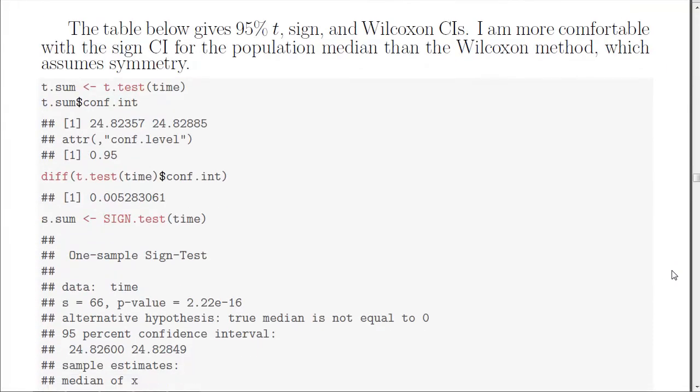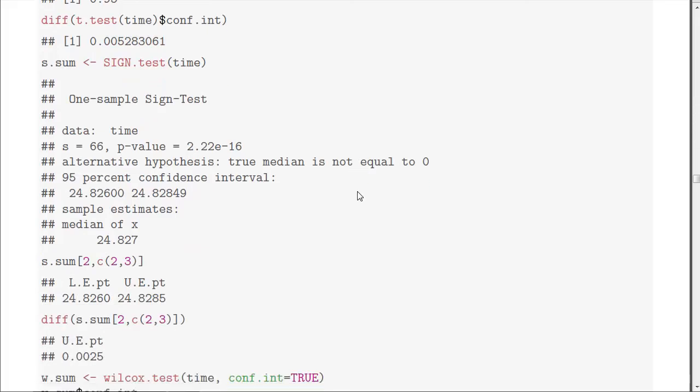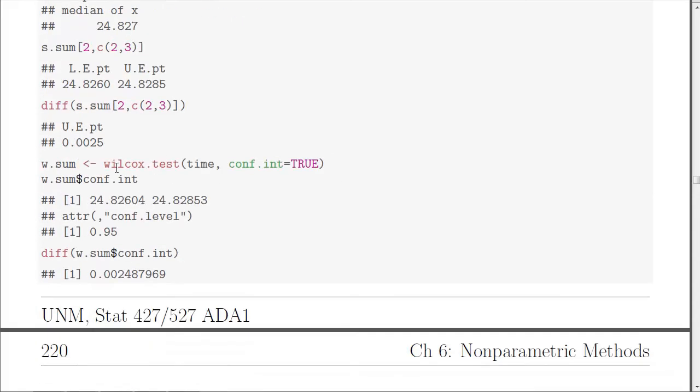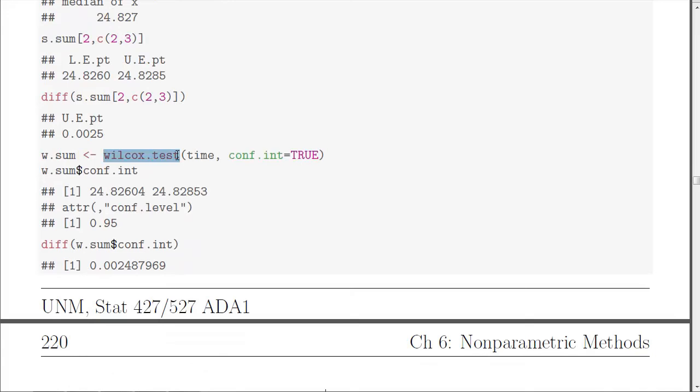All right, so here's the t-test, and here I'm outputting the confidence interval. If I look at the difference of the values in the confidence interval, this is the width of that interval, 0.005. Let's compare that to the other nonparametric methods we've seen for one sample data. Here's the sign test and the Wilcoxon signed rank test.